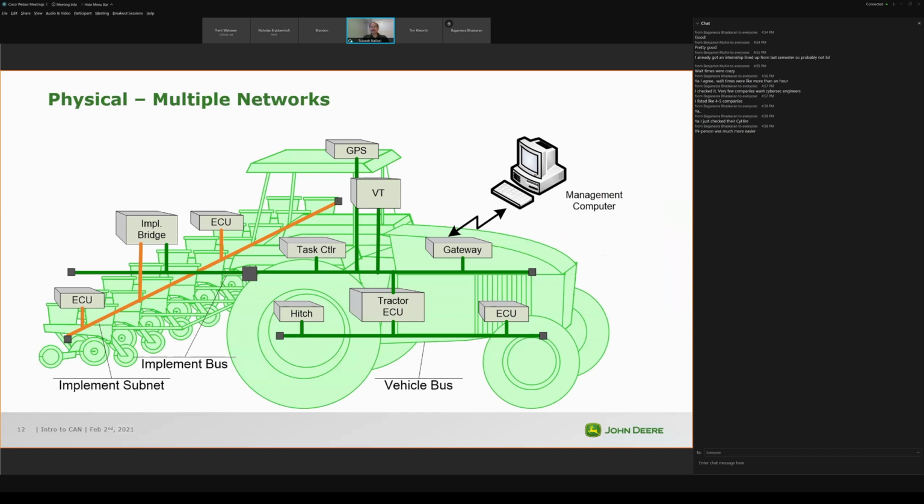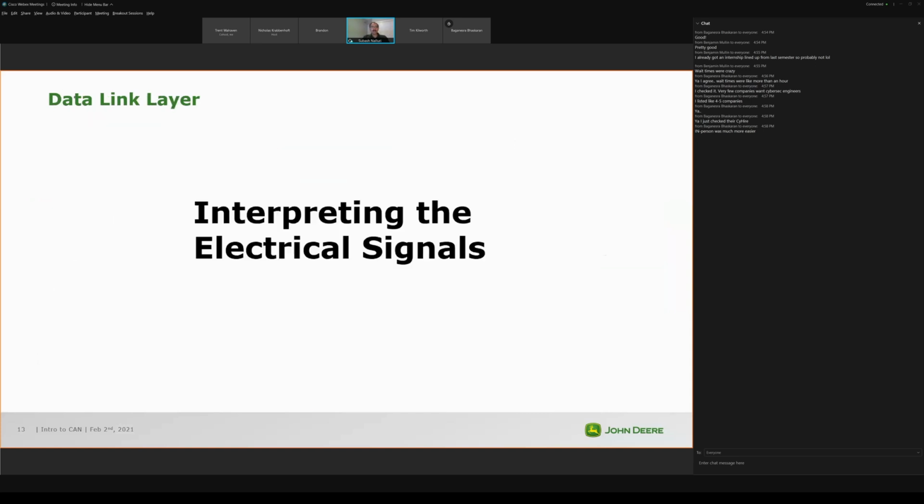So as we segue into the data, what kind of data it goes through: at the data link layer we need a reliable transfer of data, which includes that each CAN frame includes synchronization, sequence control, error control, and flow control.